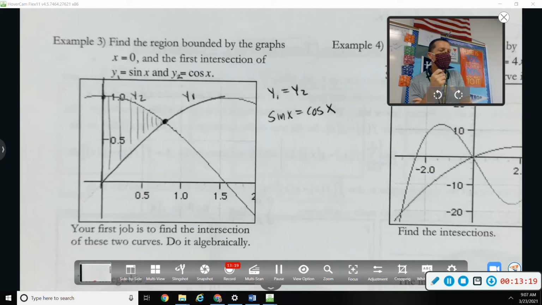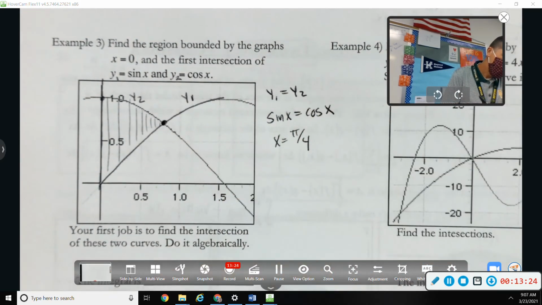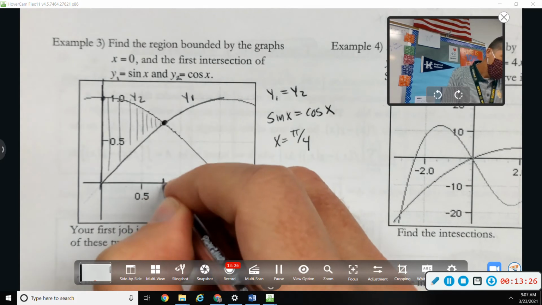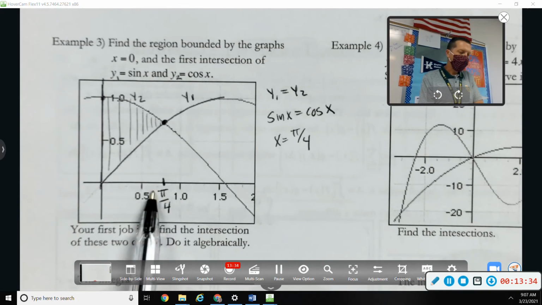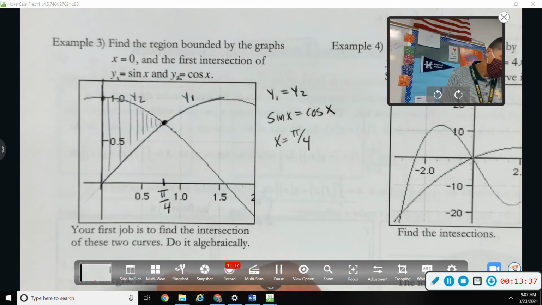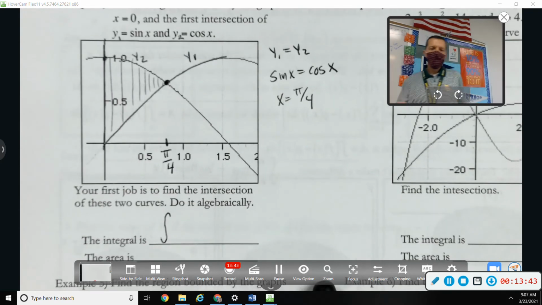Remember, they're both root 2 over 2 there. And I guess if you had a calculator, you could do that. You could also see that pi over 4 is between 1/2 and 1. So the integral. Why don't you see if you can set it up? See if you can finish this one. Set it up and then type it in, and we'll see if we get the same thing.